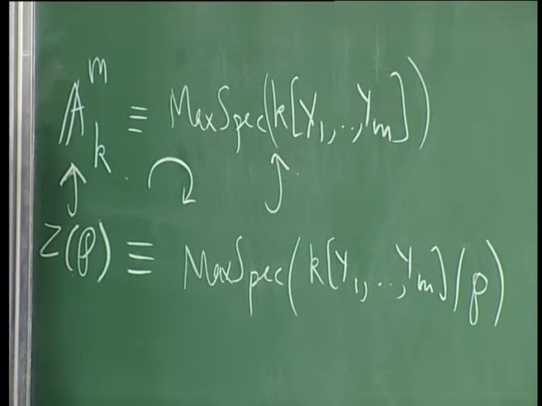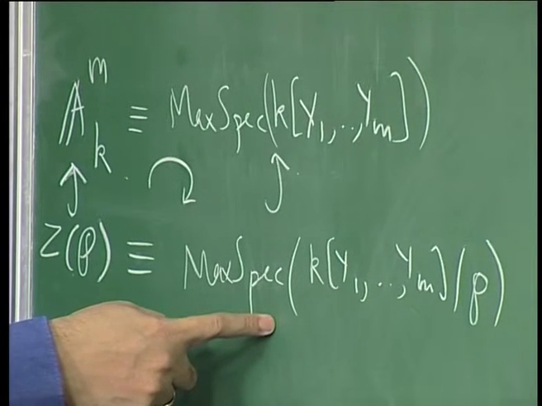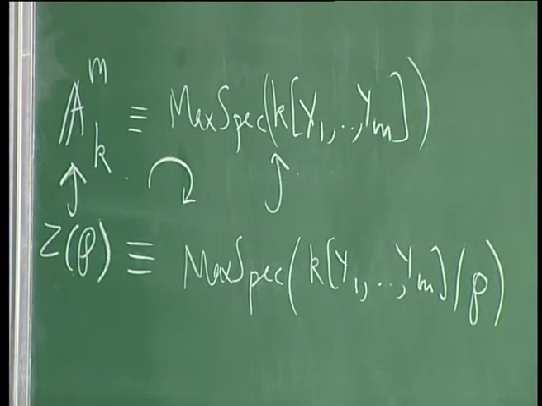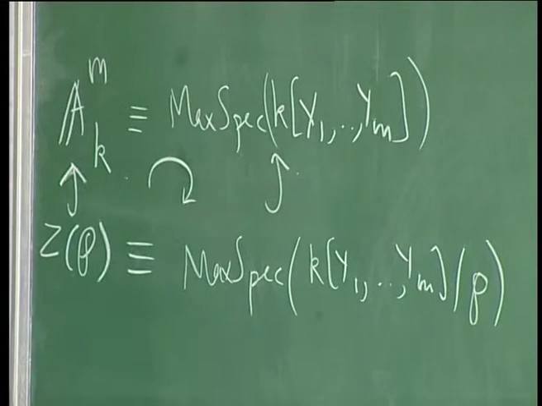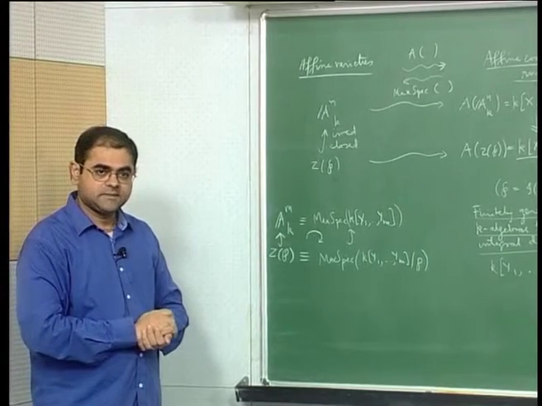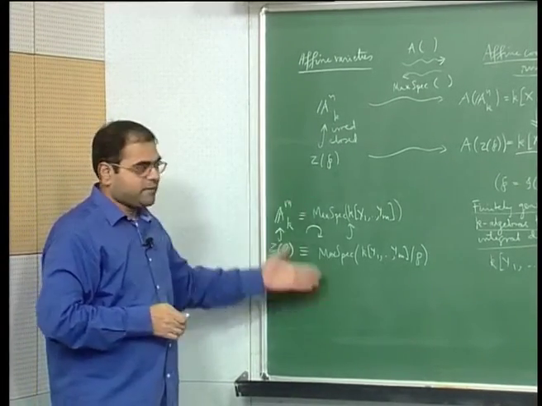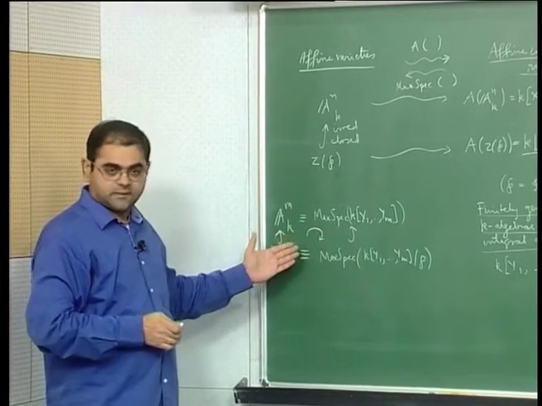The very identification that associates to every point of A^m a unique maximal ideal in the polynomial ring in m variables will associate to every point here a maximal ideal of the polynomial ring which contains the ideal p, because the maximal ideals in the quotient are precisely the maximal ideals in the parent ring which contain the kernel. Okay, there is a correspondence. So this is what is happening in this case. This is what we saw in the last lecture.